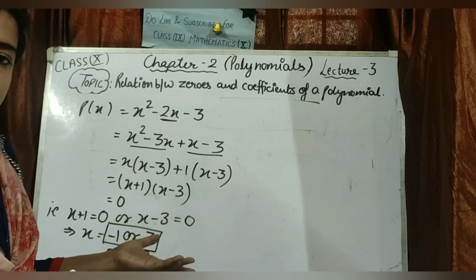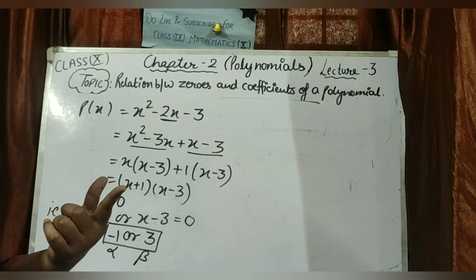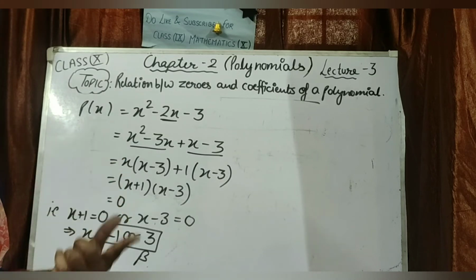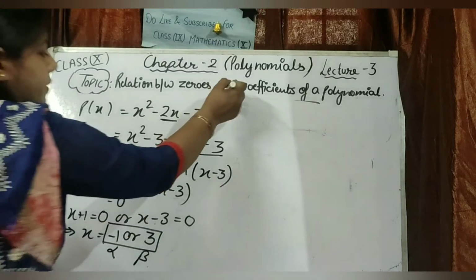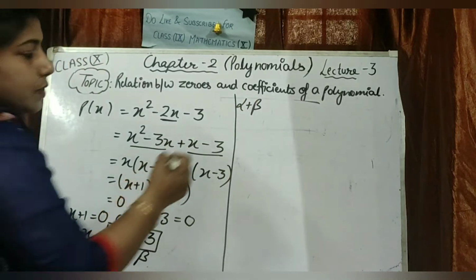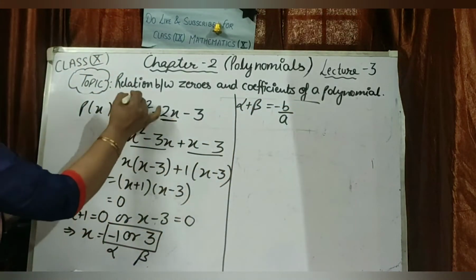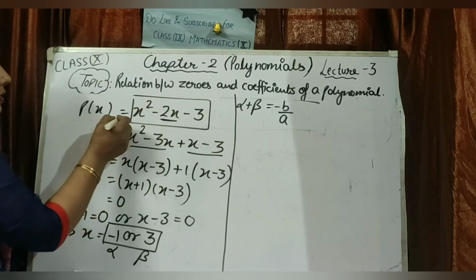Now let us verify that relationship. For the relationship, the very first one is the sum of the zeros. Sum of the zeros is minus b upon a. So let's start. Alpha plus beta, sum of the zeros is minus b upon a. Now if I consider this polynomial, what is a?